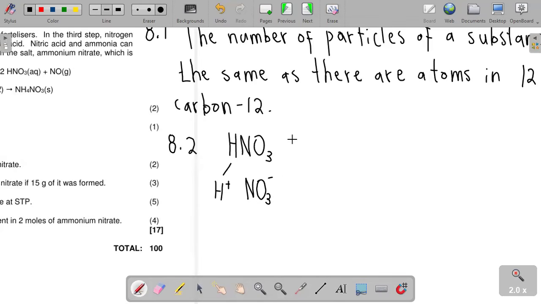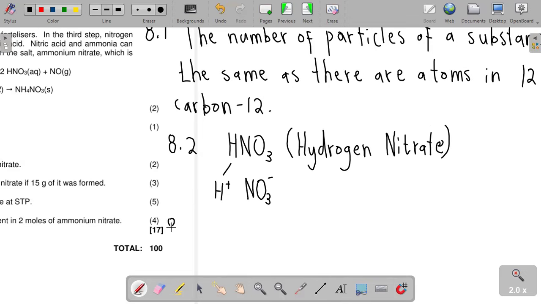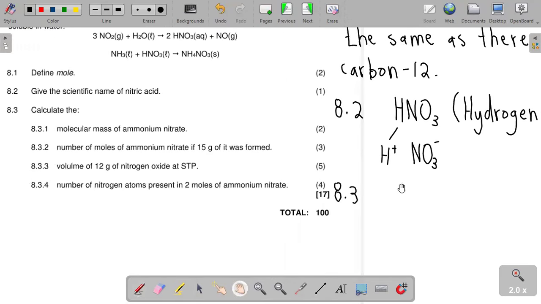Meaning the scientific name here is going to be hydrogen nitrate. And then we go to 8.3.